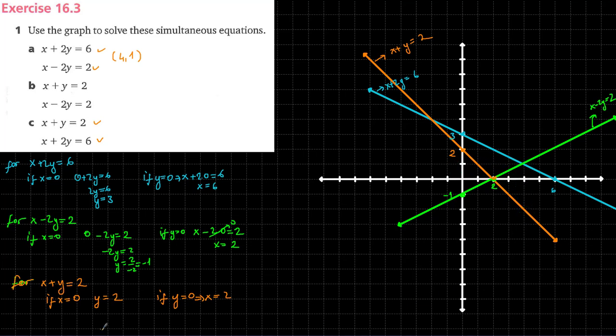I'm going to use a different color to show the differences here. This is going to be 4 and this is going to be 1. So the first intersection point is 4 and 1.